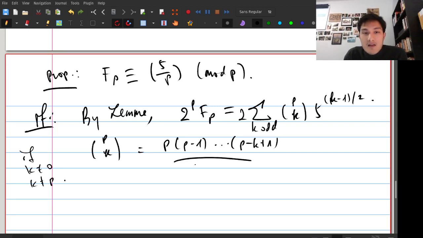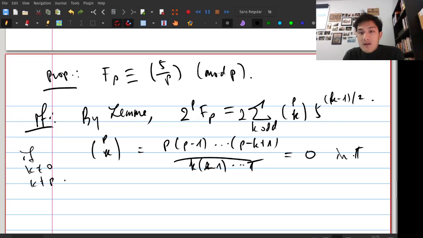And then on the bottom, we get k, then k minus 1, all the way down to 1. So there's a p in the numerator, and there's not going to be a p in the denominator to cancel it out because k is smaller than p, and p is not divisible by anything smaller than it, right? So this is going to be equal to 0 in F_p.